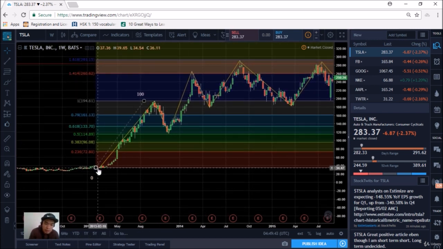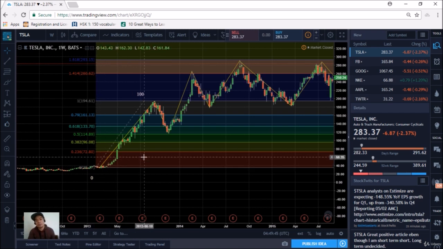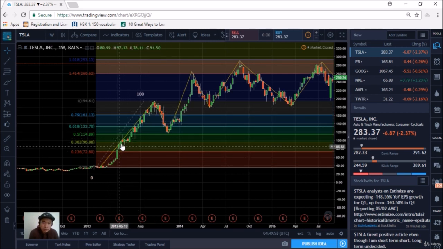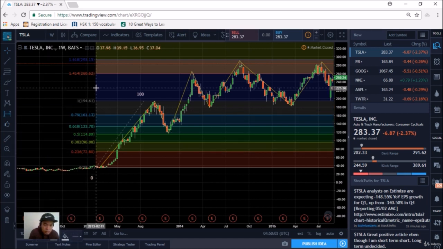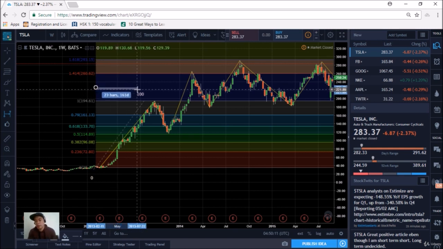Next, you have to count the time it takes from this point to this point, to the peak. So you have to measure the candles inside here. In my software, I have these tools to count the bars, or count the candles, which are actually the days of the candle, from the distinct low to the distinct high.